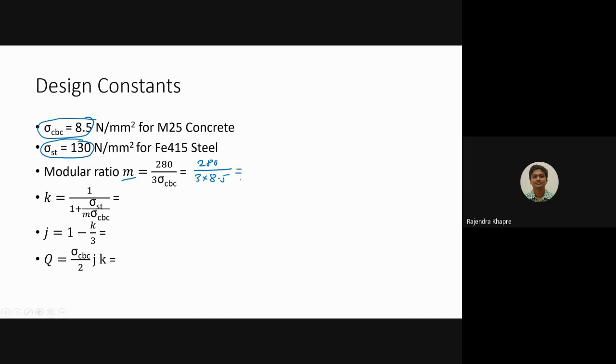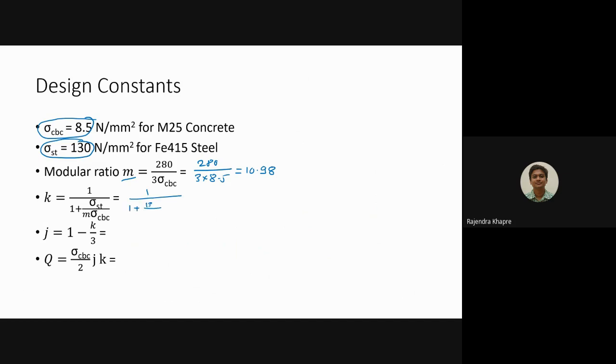Okay. So can someone tell me how much is this value, please? 10.98. Okay, so for the modular ratio, now we have to use 10.98. Okay, on similar lines, now we have to calculate the value of K. So K is nothing but 1 upon 1 plus sigma ST upon M into sigma CBC.